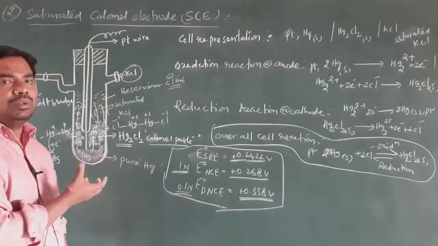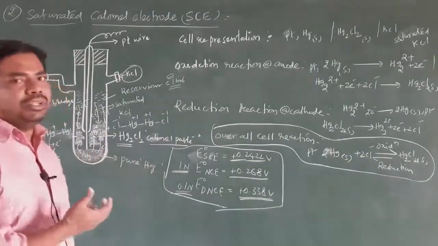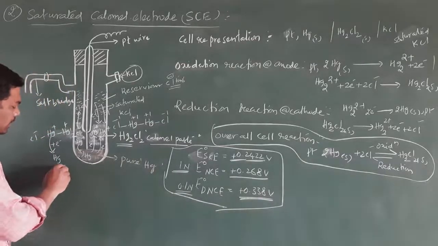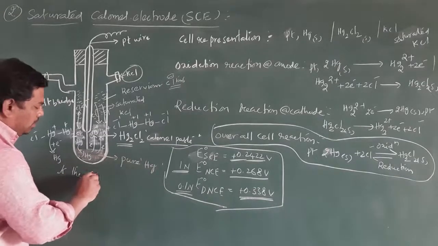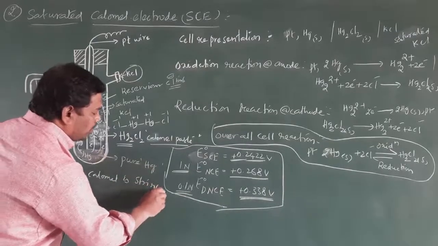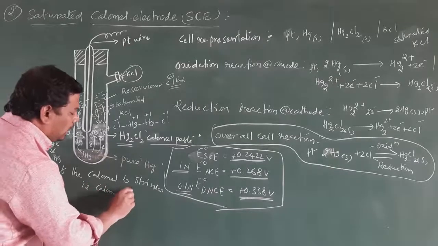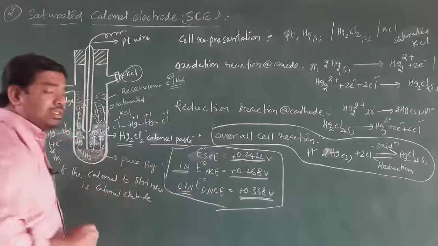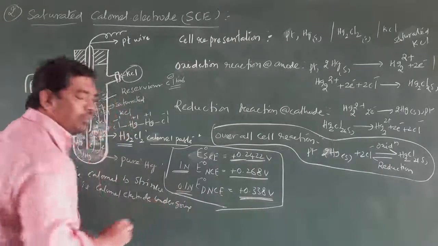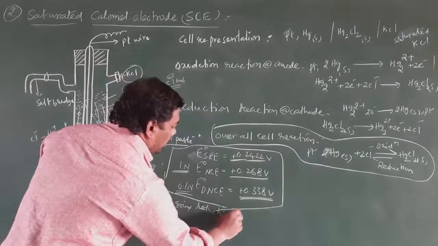To observe whether the oxidation reaction or the reduction reaction takes place, please remember, here you can see, if the calomel paste is shrinking, that means the calomel electrode is undergoing a reduction process.